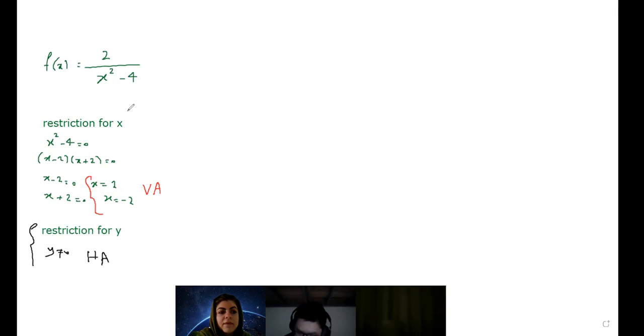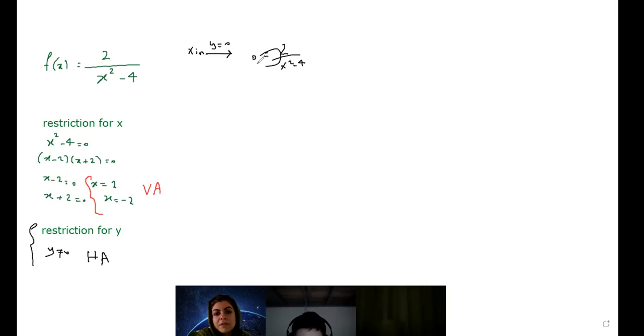Now, how do we find the y-intercept and x-intercept? For the x-intercept, you have to put y equal to 0. We already know it's impossible because the numerator is fixed.